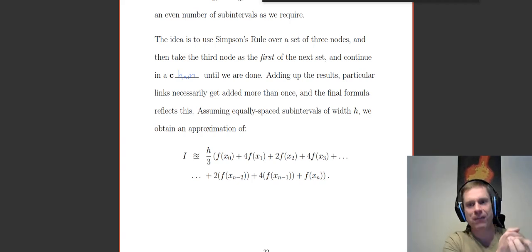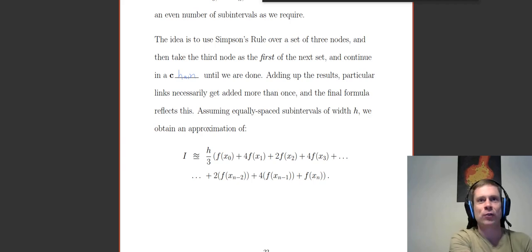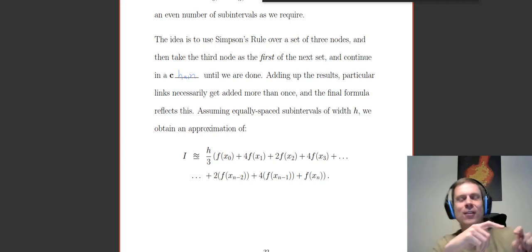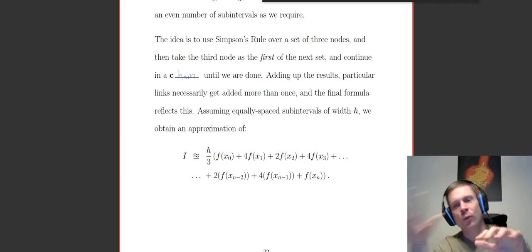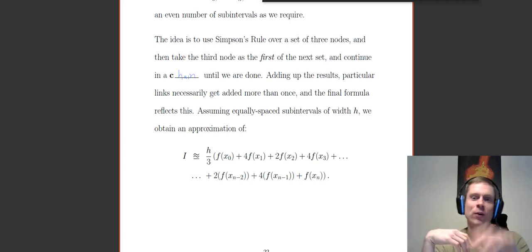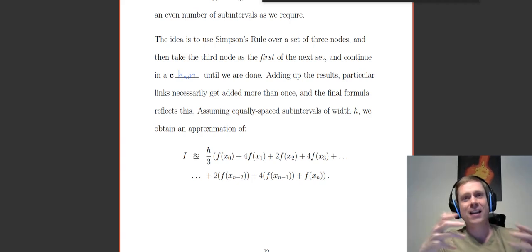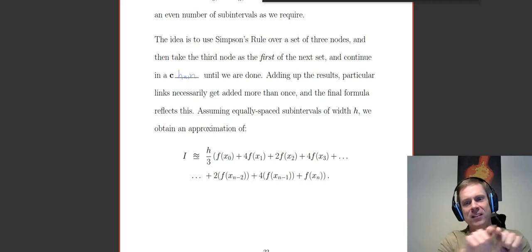I'm going to get an f of x2 plus 4 f of x3 plus f of x4. And so that f of x2 is going to appear twice, once from the first set and once from the second set. And this is going to happen with every single one of the interior points that happens every other. Everything that wasn't multiplied by 4 ends up being double counted if it's not one of the endpoints.